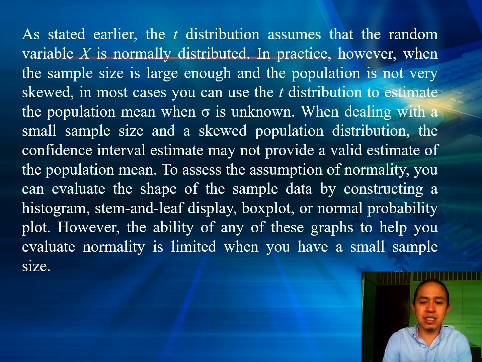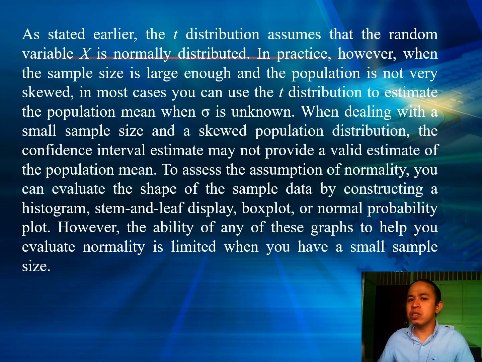To assess the assumption of normality, you can evaluate the shape of the sample data by constructing a histogram, a stem and leaf display, a box plot, or a normal probability plot. However, the ability of any of these graphs to help you evaluate normality is limited when you have a small sample size.